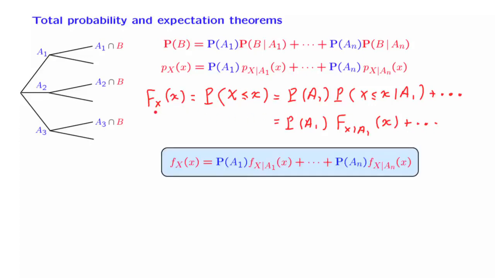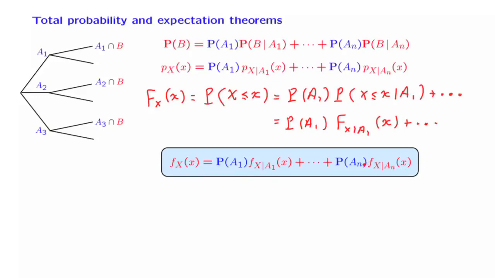On the left-hand side, we have the derivative of a CDF, which is a PDF, and on the right-hand side, we have the probability of the first scenario, and then the derivative of the conditional CDF, which has to be the same as the conditional PDF. So we use here the fact that derivatives of CDFs are PDFs, and then we have similar terms under the different scenarios. So we now have a relation between densities.